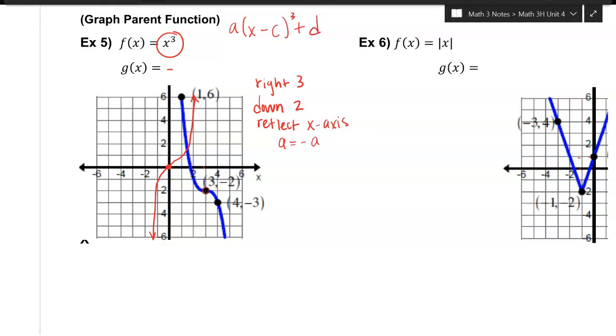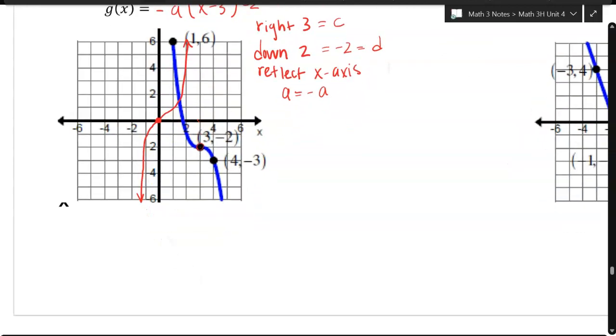Well, we know c is going to be 3 and d is going to be -2. So x minus 3, plus -2. So that's kind of a base equation that we're looking at, and we'll see if that rings true for our points.